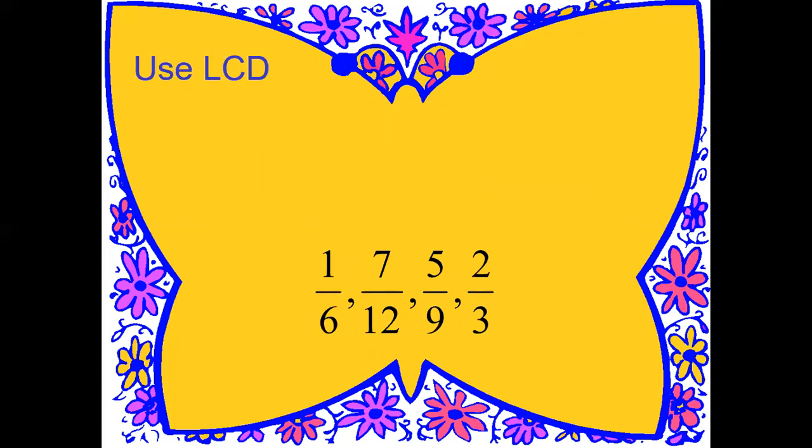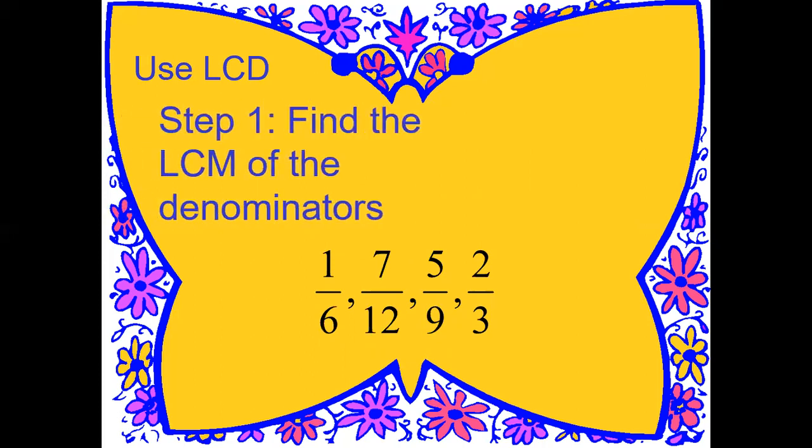All right, so we are going to be using the LCD, the lowest common denominator. So step one, we are going to find the lowest common multiple of the denominators. All right, so let's look at 1/6.